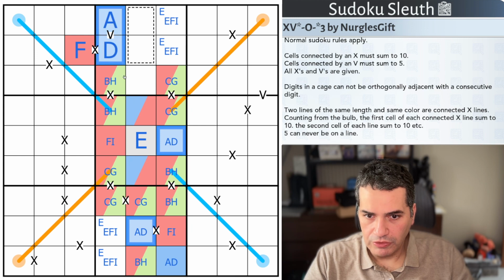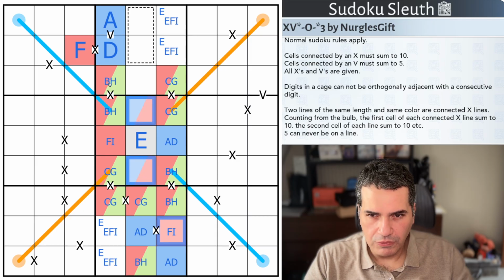So it's one of these ADs. This FI is another FI in here, and therefore it has to be up there. How is it not up there? Why is my Sudoku broken?